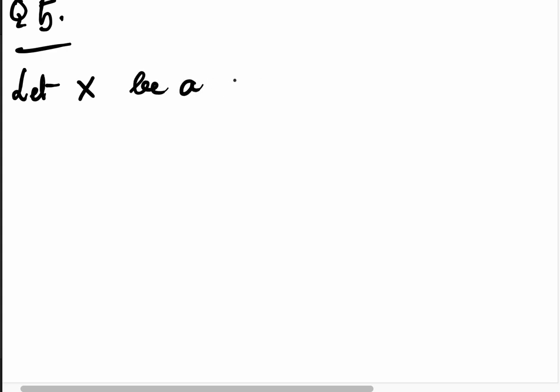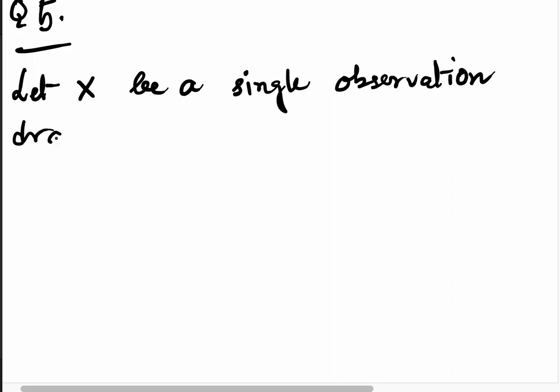In question number 5, the question is, let x be a single observation drawn from uniform distribution 0, theta.